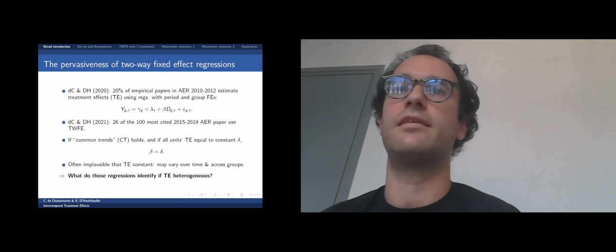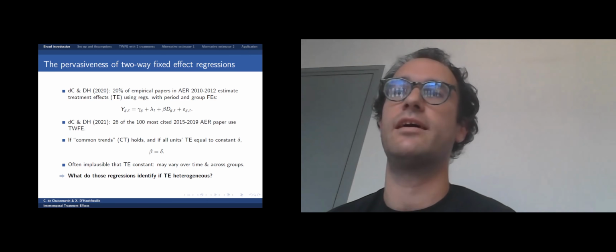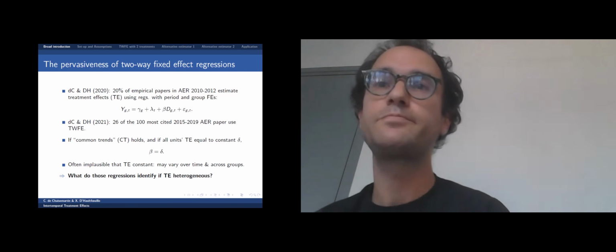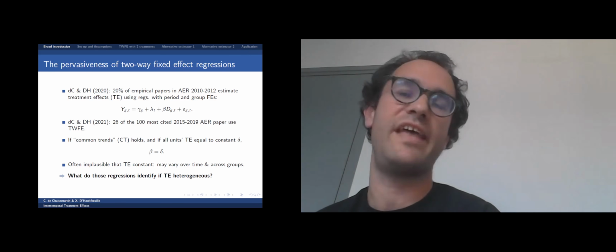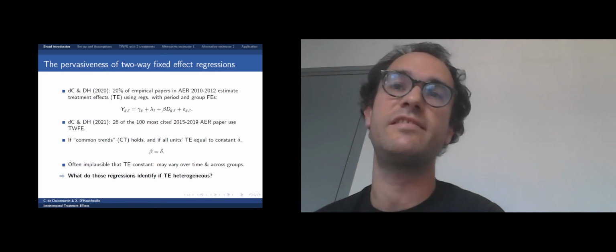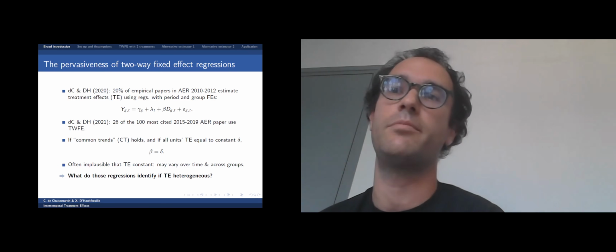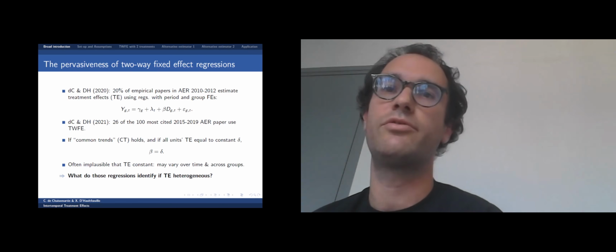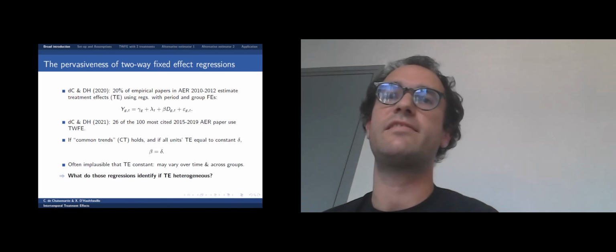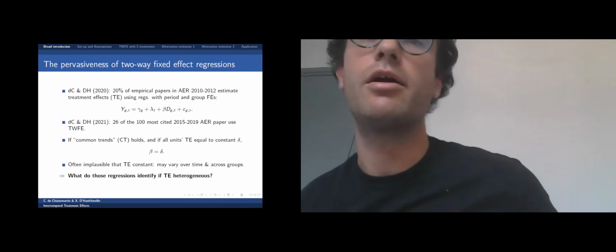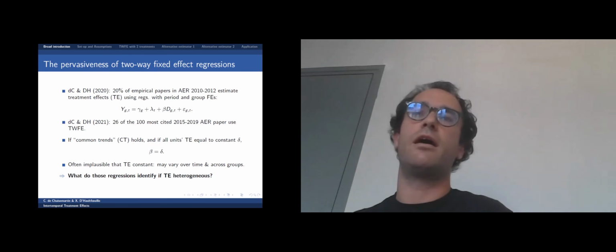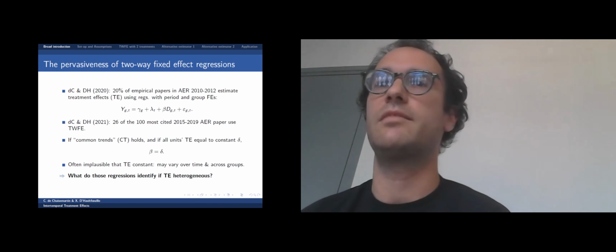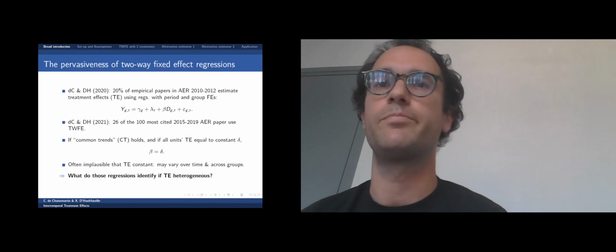We looked at the 100 most cited 2015 to 2019 AER papers. And the results are even more staggering because there it's 26%, so 26% of them, even without restricting attention to empirical papers, use a two-way fixed effects regression. So those are really all over the place. They really are like the workhorse econometric method that people use in applied economics.